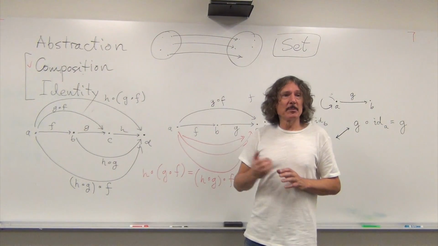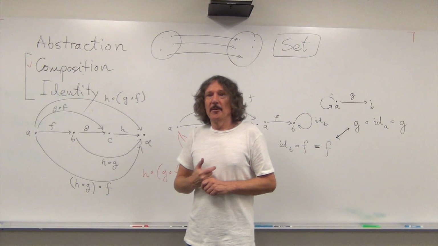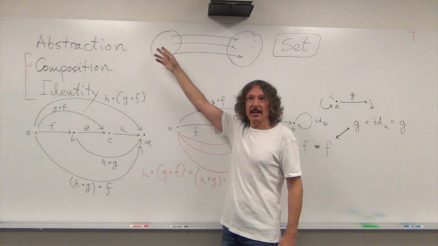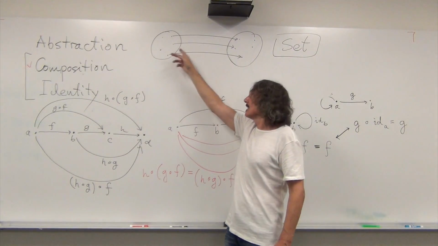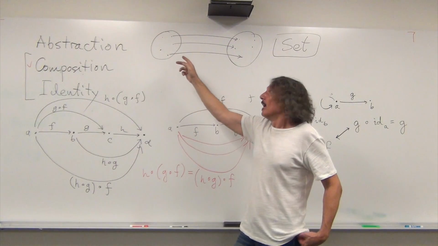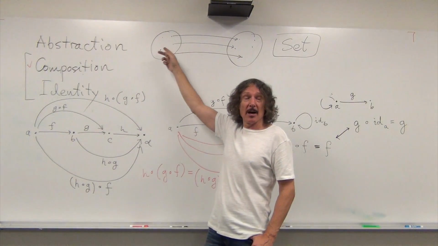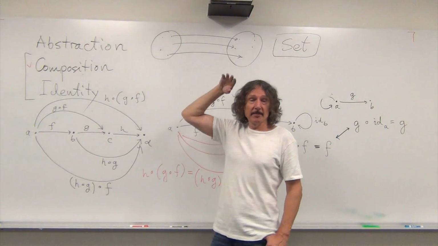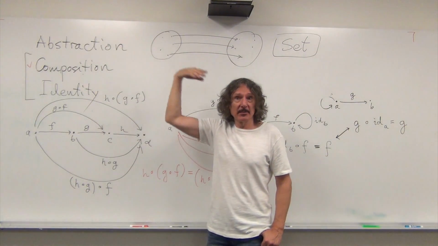What are the arrows between these sets? Well, I look at what kind of sets these are, right? I know elements of the sets. I know what kind of functions are possible, right? So I know how many arrows, how many functions, are from this set to this set. And I build my category based on this.